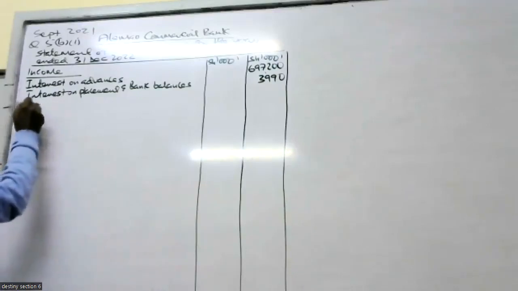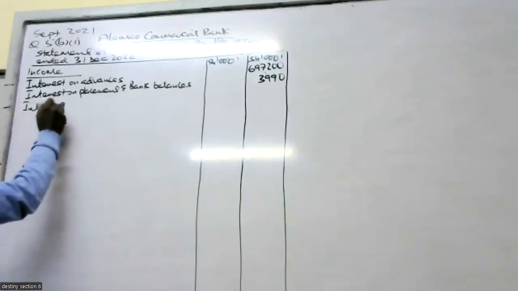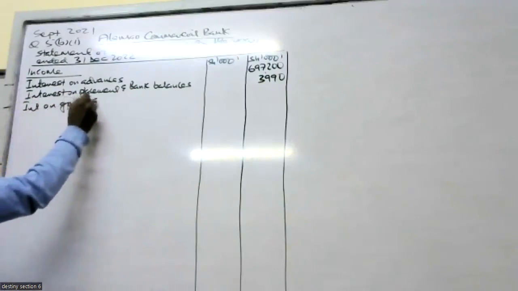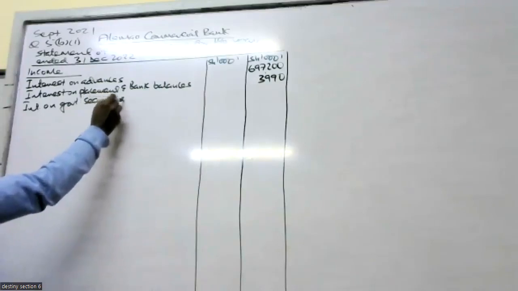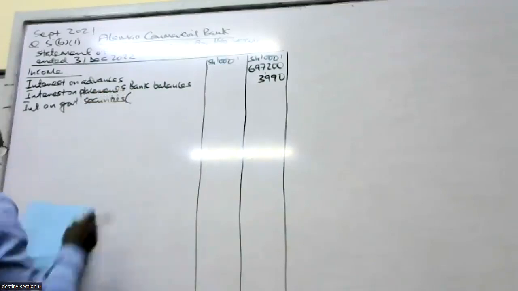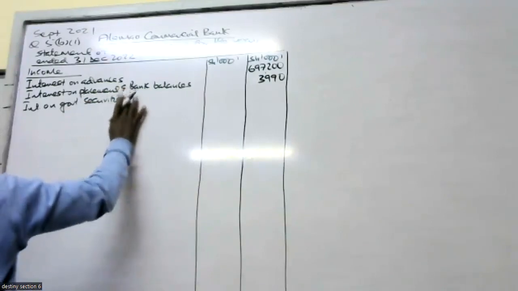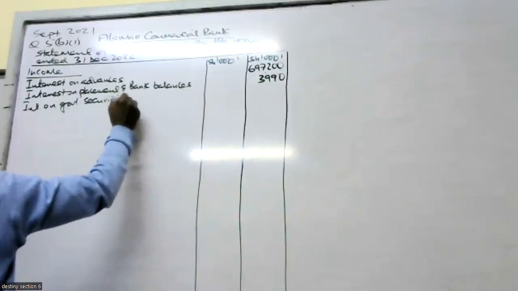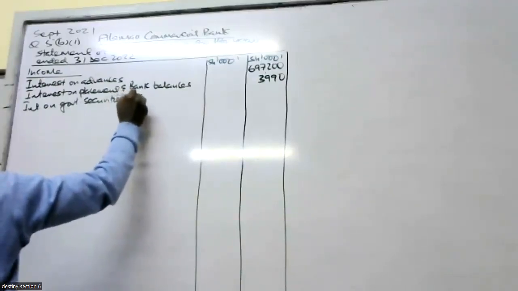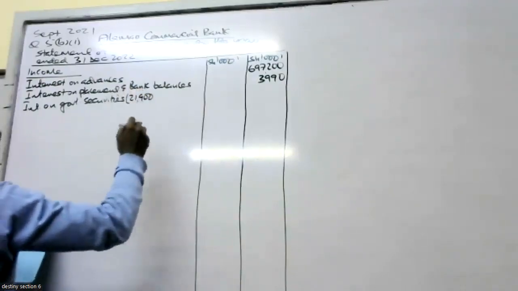You can say interest on government securities. Interest on government securities is 21,900.